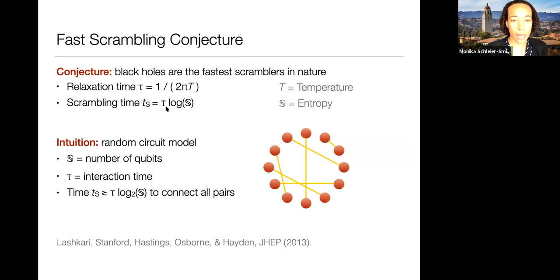The second one has to do with how long it takes for operators to spread over the entire system. In terms of having information spread over the entire system, if there's a sense of locality, even if it's individual puddles, you're still going to have some characteristic velocity.